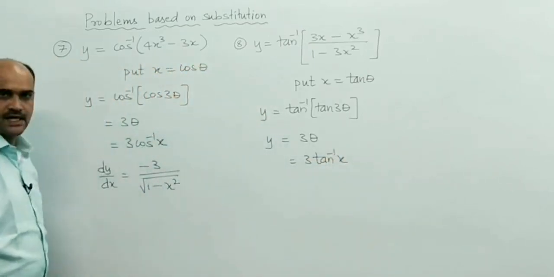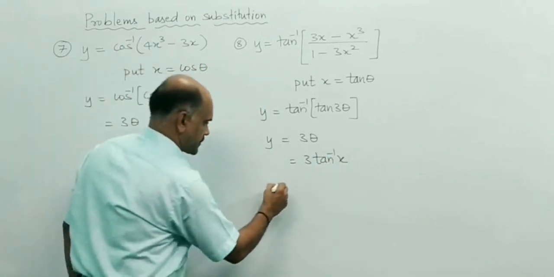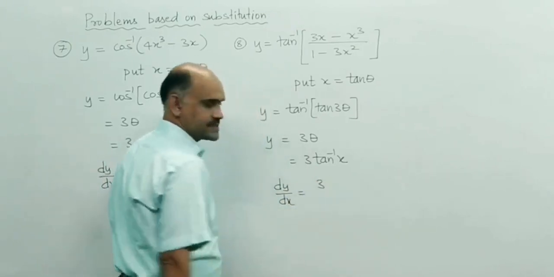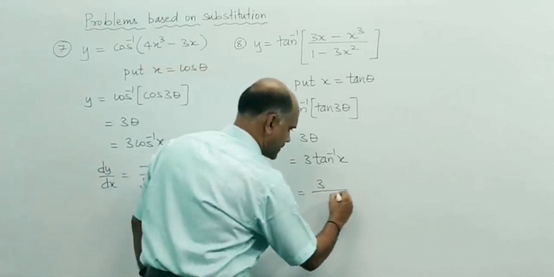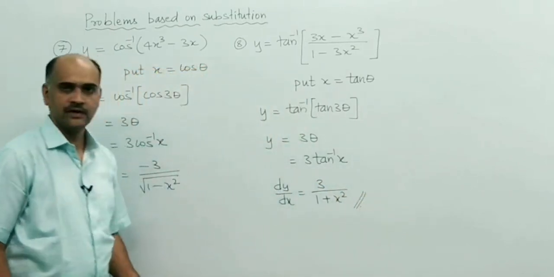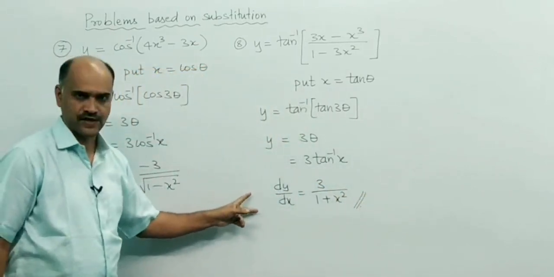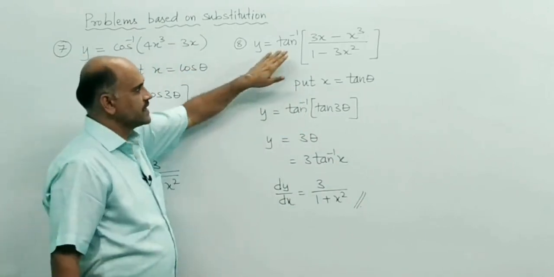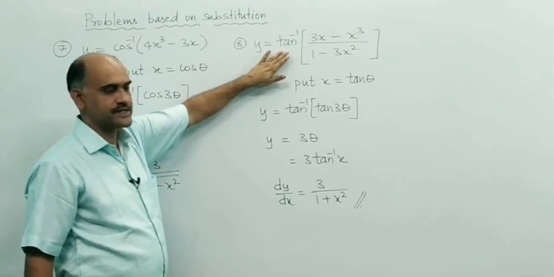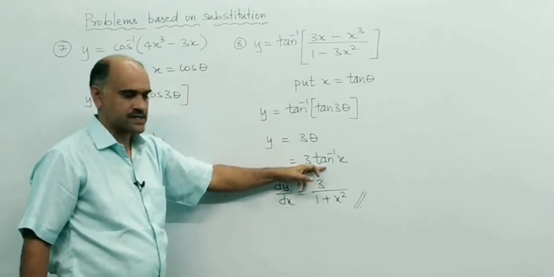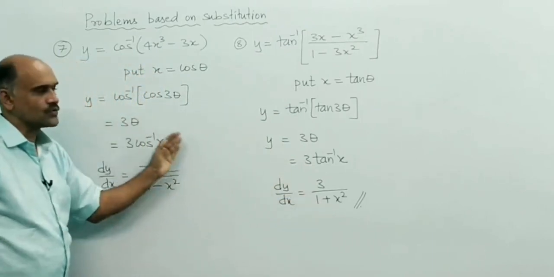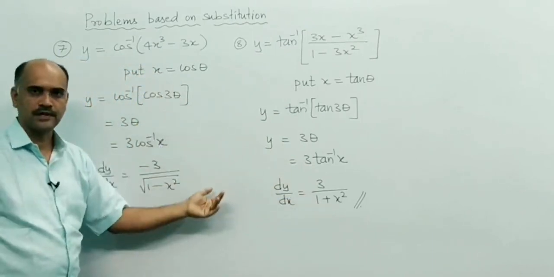Now you differentiate. dy by dx is equal to 3 as it is. Differentiation of tan inverse x will be 1 by 1 plus x square. Clear students? For CET directly we will be using, if it is in the form of this, it is the formula of 3 tan inverse x. Next step you will be having the answer. So you can go through the video and solve all the problems.